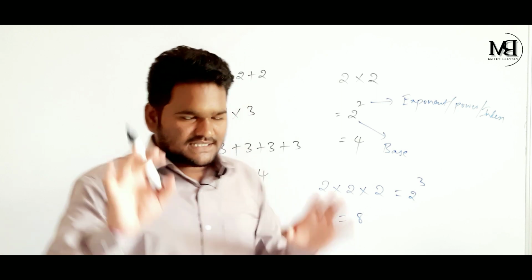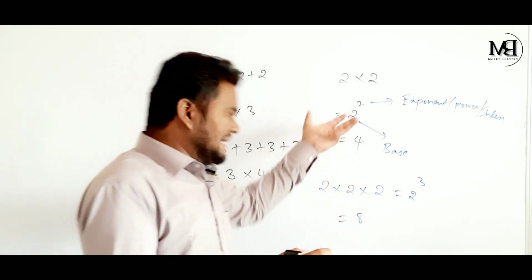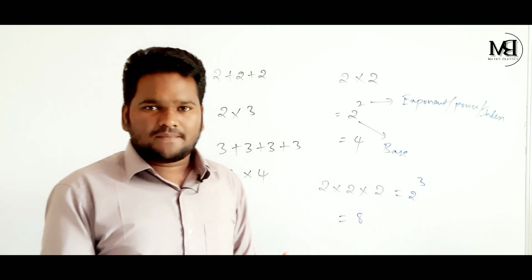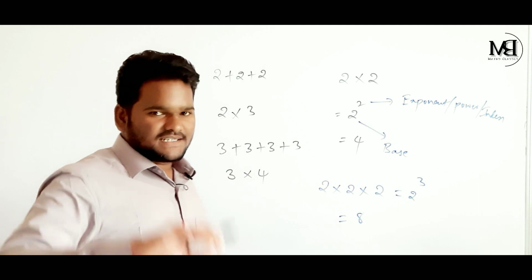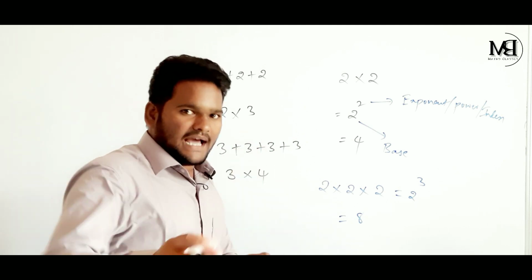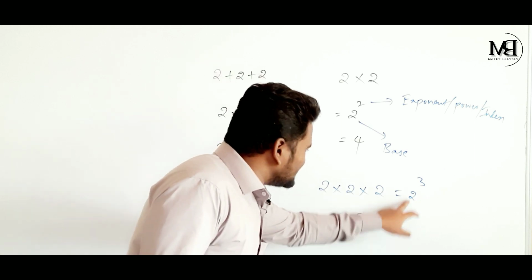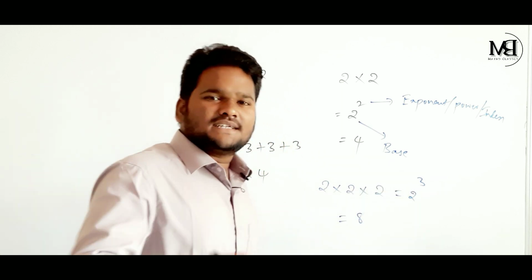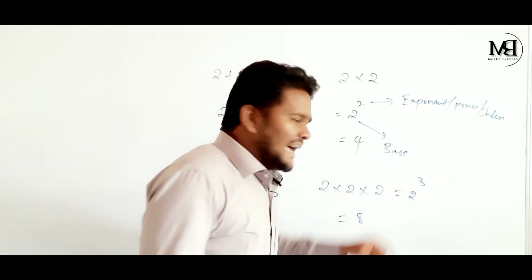Got my point? See, actually why am I explaining this? I introduced exponents and powers here, but why did I compare these two? Children, I am seeing that most of the students think the answer of 2 power of 3 is 6.